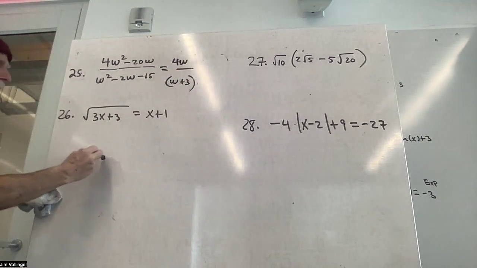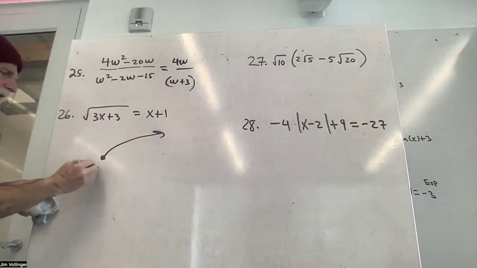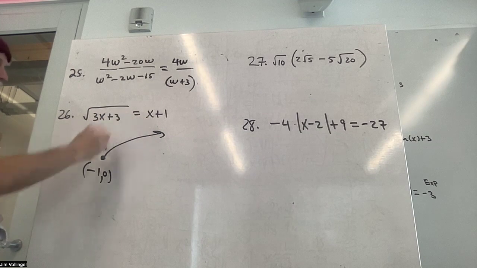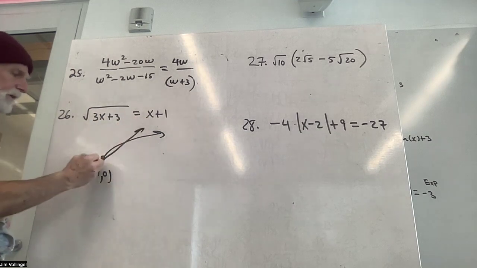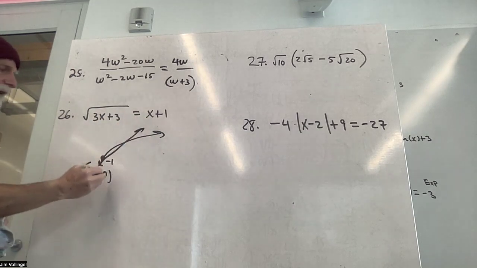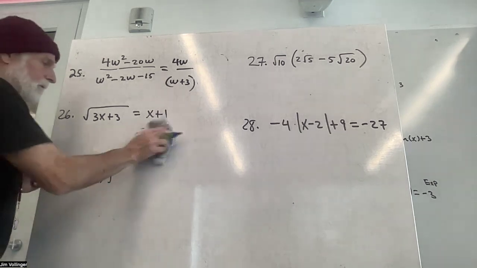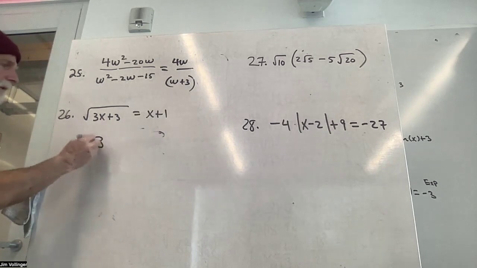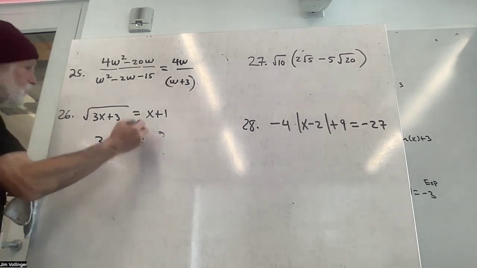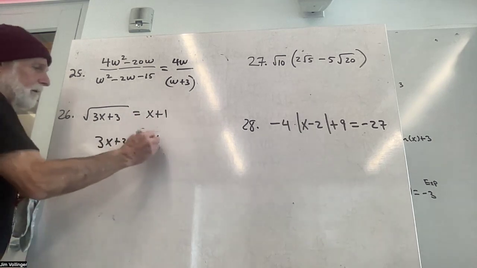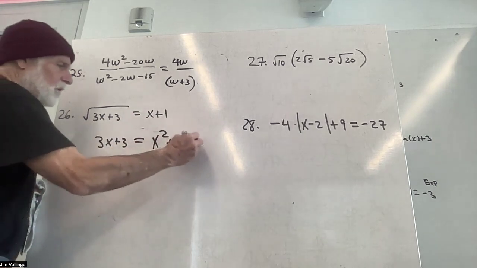All right, I can see that I have a square root starting at -1, 0, and I also have -1, 0. So I have an intersection of 2 places. I should get -1 as an answer in some other place, but let's do the math. 3x plus 3 equals, you got to get good at binomial squaring. Got to get good at it. X squared plus 2x plus 1.